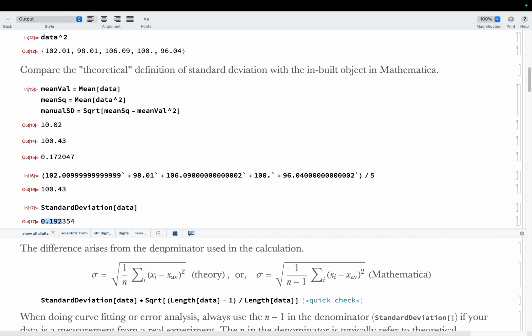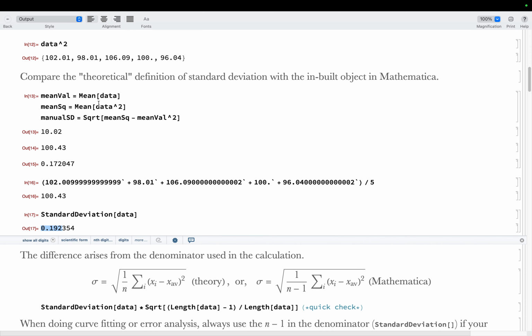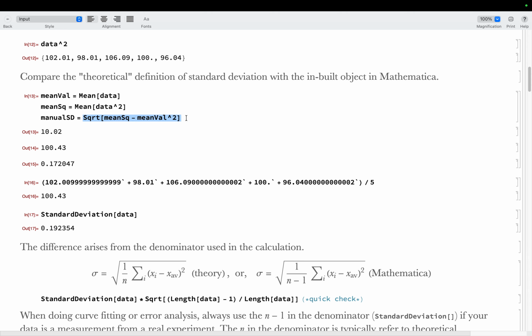So, the difference arises in the denominator used in the calculations. When we calculate the standard deviation by this formula, how do we calculate it?